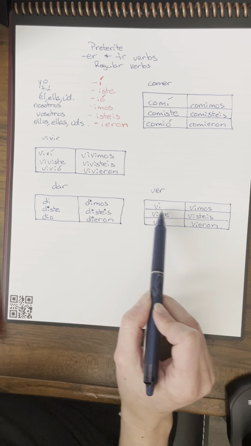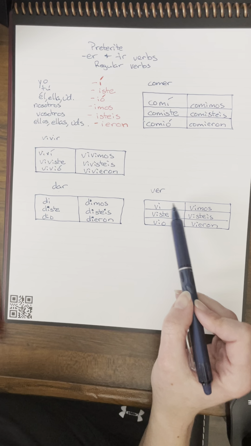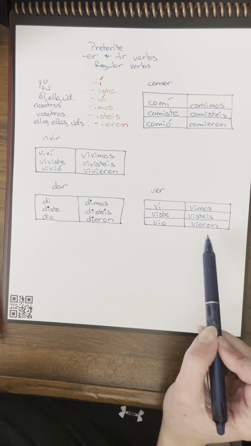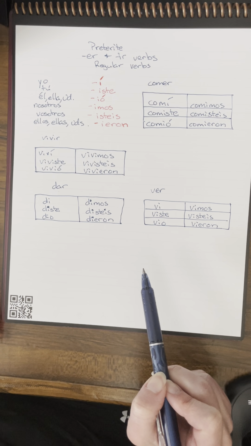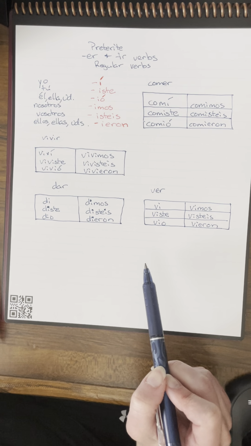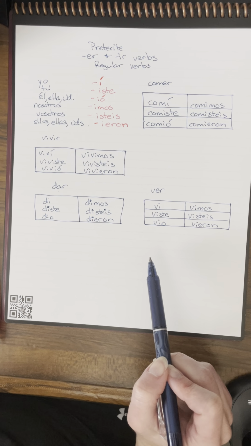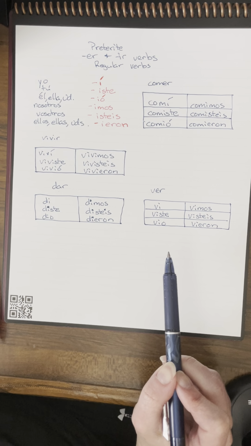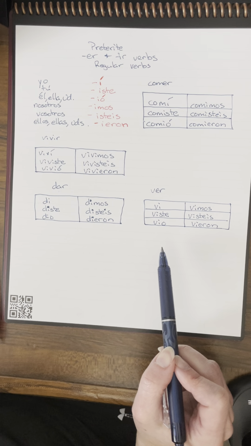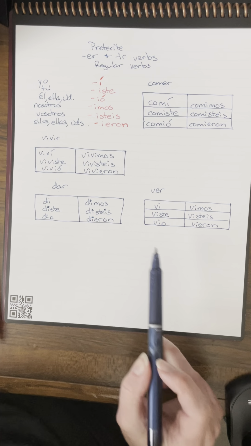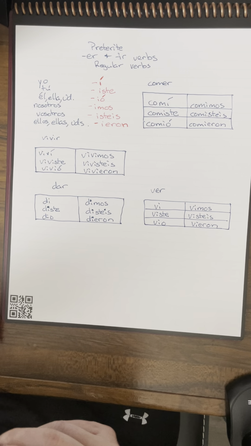The difference is the D and the V, right? And again, these are ER, IR type of endings. The only difference is you don't have the accent marks. Okay, so I will try to get another video done that will have spelling changes and a couple other things. But that covers regulars and then dar and ver for now. Adiós.